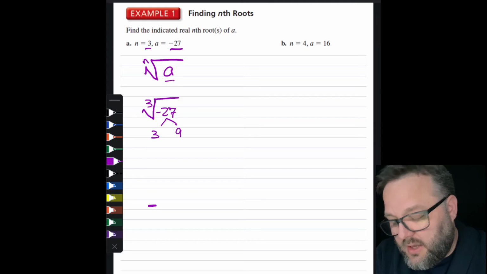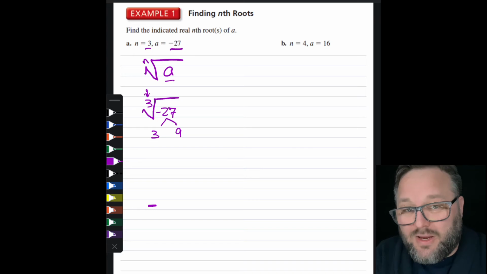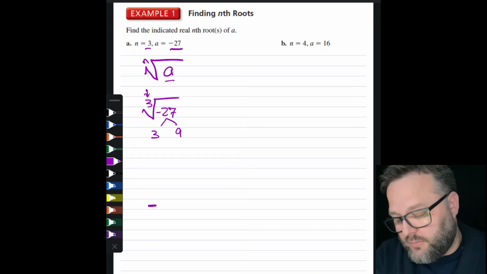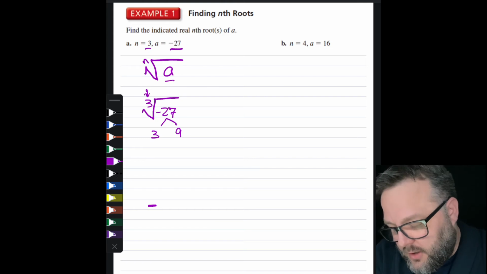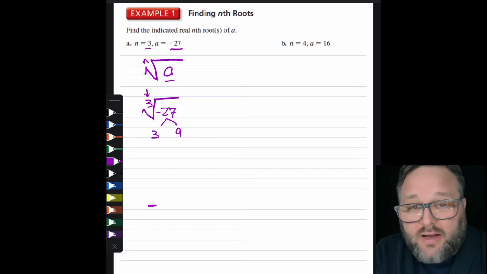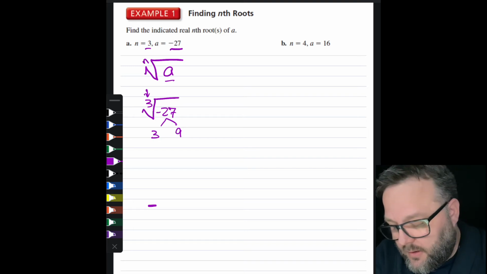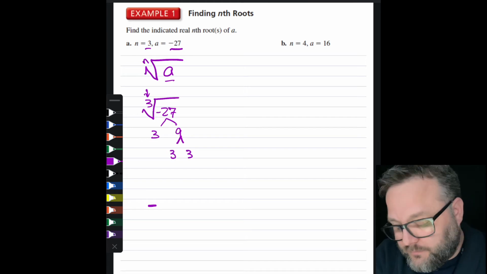I know 3 and 9, but this number right here tells us we need 3 of the same number. Right now, I've only got 2 numbers. I notice that this is 1 and 3. I'm done factoring. Once I have 1 as one of the factors, I'm done factoring that specific number. But 9 can be 3 and 3.